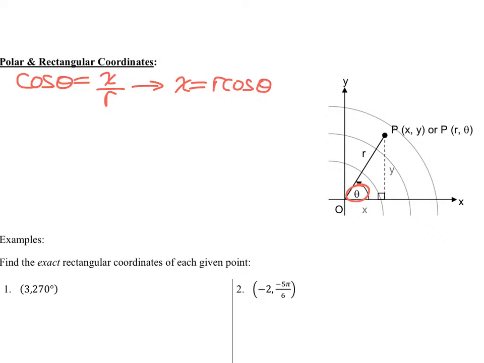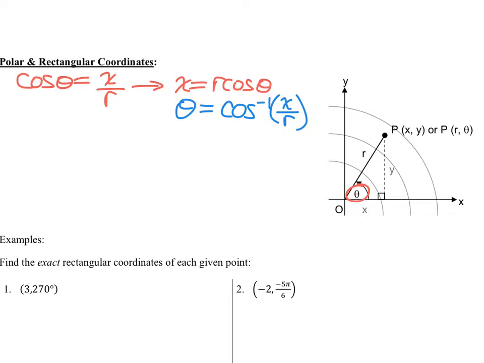It gives us more than one conversion. If I were to take the inverse cosine of that, I would then determine that theta is equal to the inverse cosine of x over r. So I now have a way of converting r's and thetas into x form, but if I have an r and an x, I can convert it to give me the value of theta.